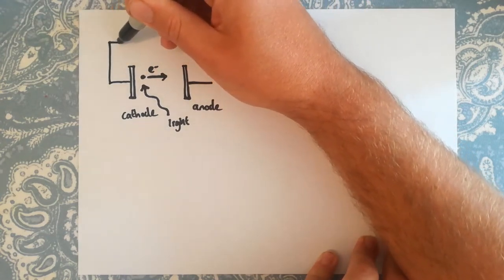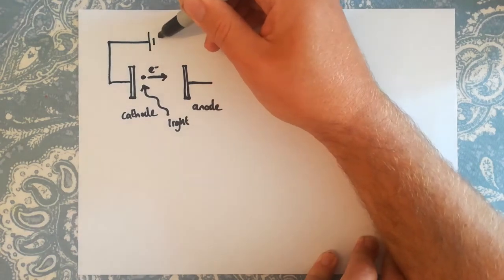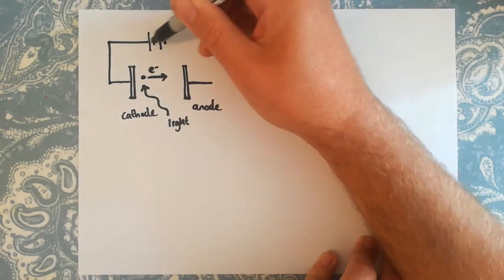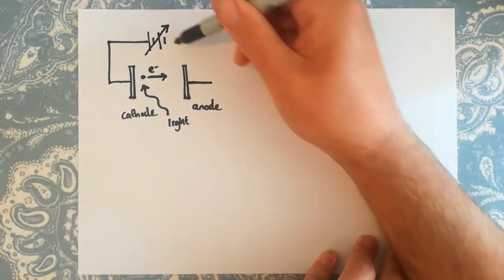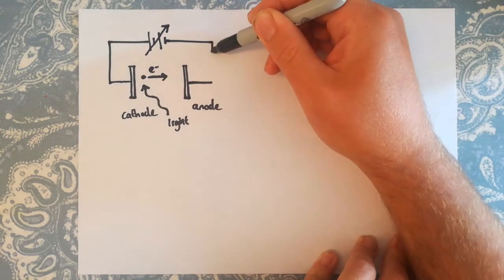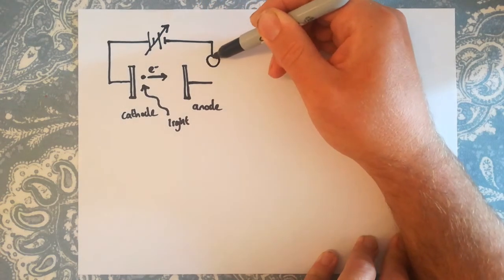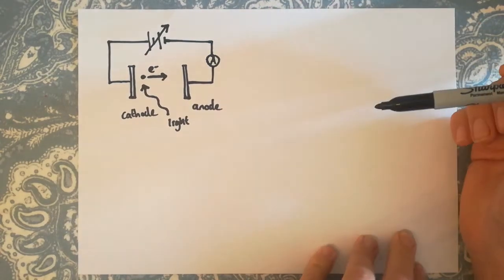I'm going to put a couple of things in this circuit. First of all, we're going to put a variable voltage supply. So I'm going to draw that like that. And we're also going to put something to measure the current in the circuit, an ammeter.